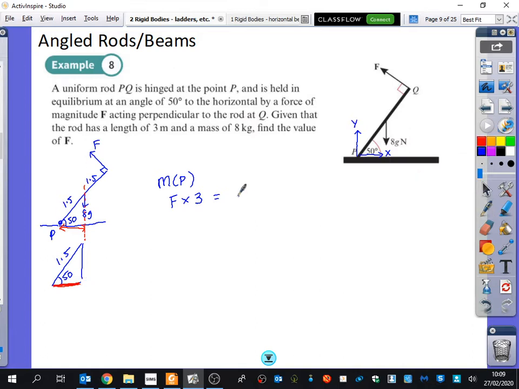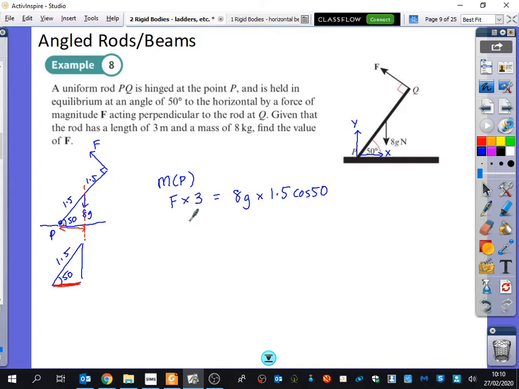1.5 cos 50. Good. So the force is 8G and the perpendicular distance is 1.5 cos 50. And I've said that this one is equal to this one. Why did I say they're equal to each other? Because it's in equilibrium. Just like we did with previous moments, one going in that way equals the one going in the other way.